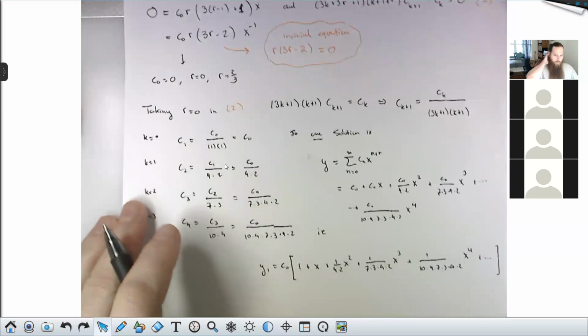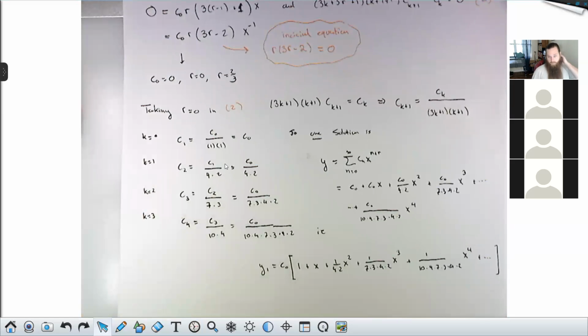So you've got your fourth order approximation for the first series solution. And this one happens to be a regular power series. No weirdness, because here r was 0.